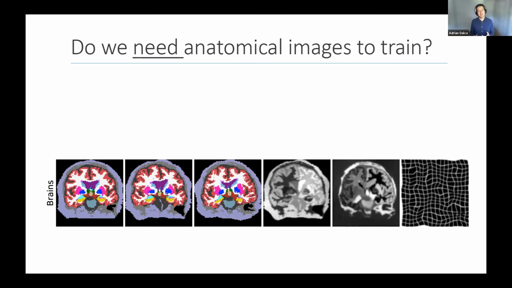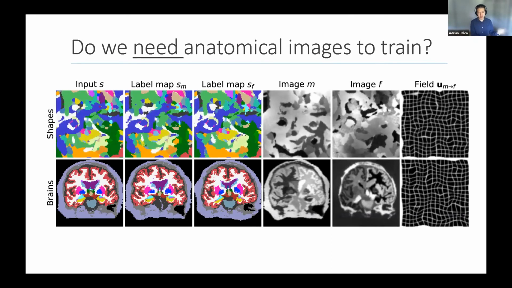But then we thought, well, maybe the registration networks don't even need to see synthetic brain images at all. Maybe they can just see random shapes. And so we tried to look at that. What if we just generate these random shapes, random label maps, deform them, and fill in really crazy intensities? The question was, can we get the network to register these images?